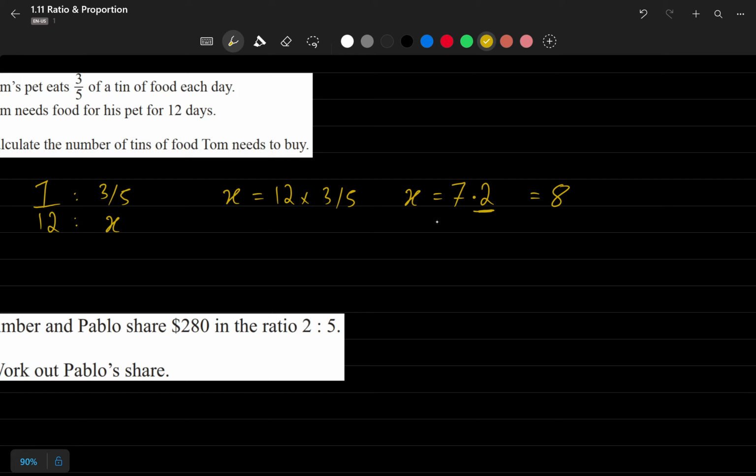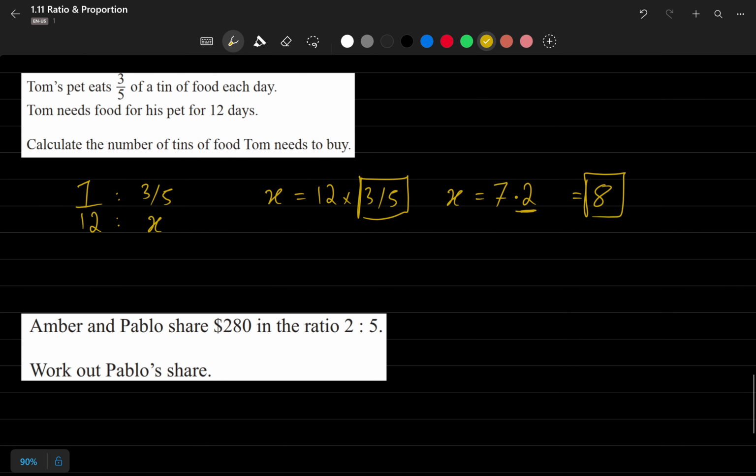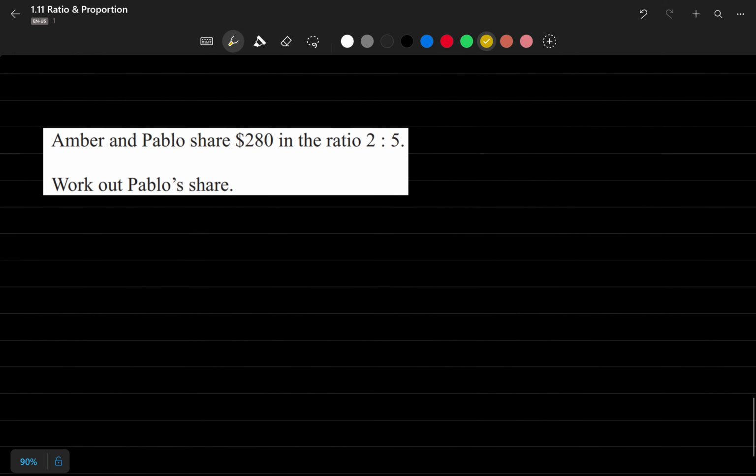We cannot round it down because this is the exact amount of tin which the pet eats. So 7.2 is impossible to buy, so Tom needs to buy 8 tins of food. This is the final answer for this question.